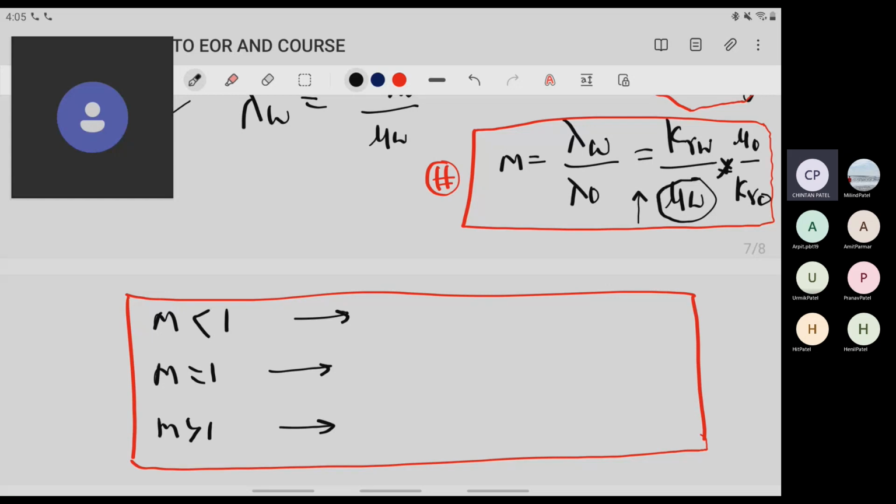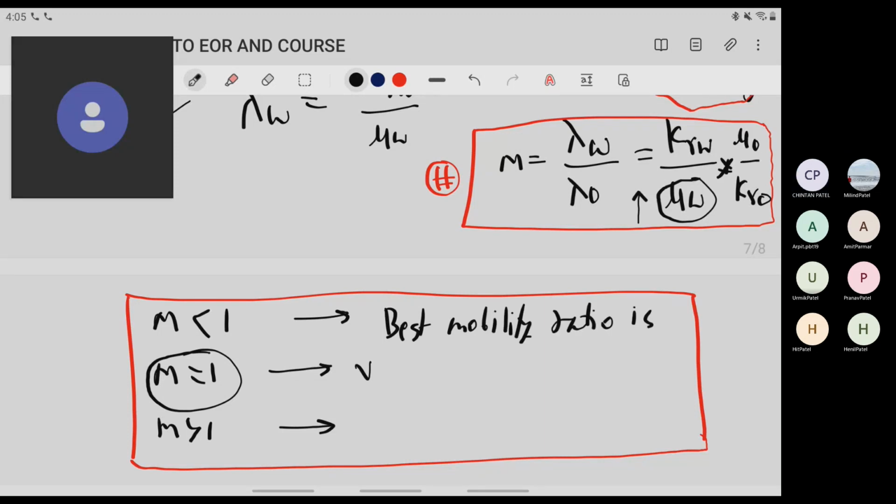But if the viscosity of water and oil are equal, then it can easily push the oil. So M equal to 1 is the best condition, but what we consider the best mobility ratio is less than 1 but near to 1.